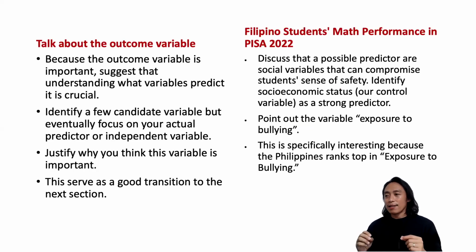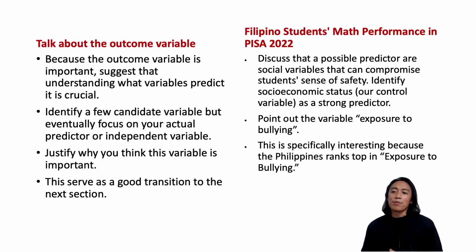Aside from that, I also will mention that socioeconomic status is a strong predictor because later on in the analysis, I plan to use socioeconomic status as a control variable. So I need to mention that in the narrative. And then the specific or the actual IV that I plan to use is bullying. So therefore, I highlight the importance of bullying as a potential predictor variable.